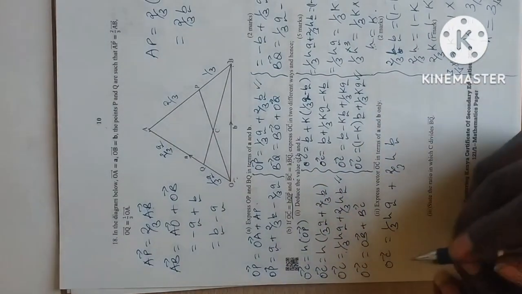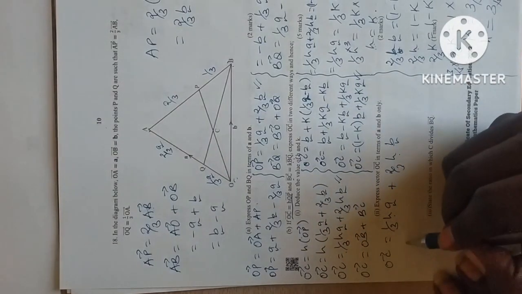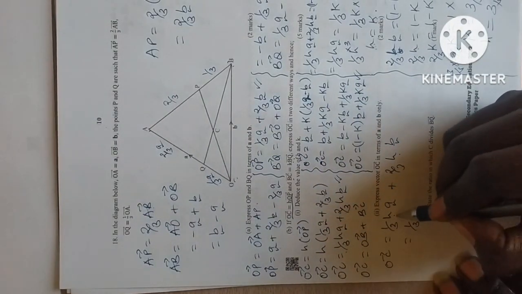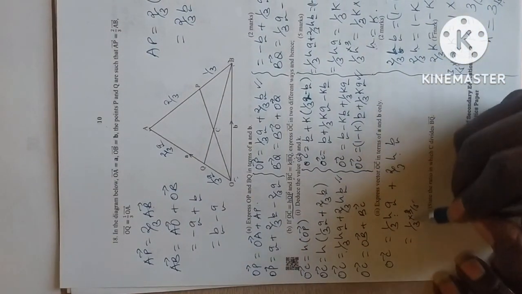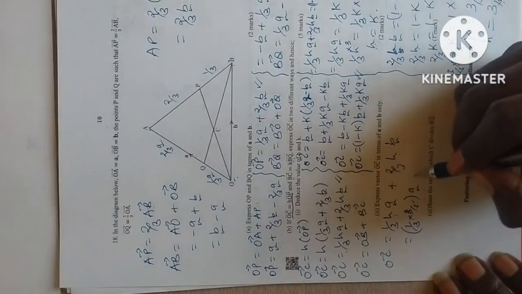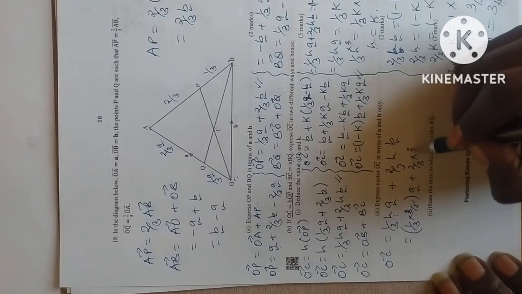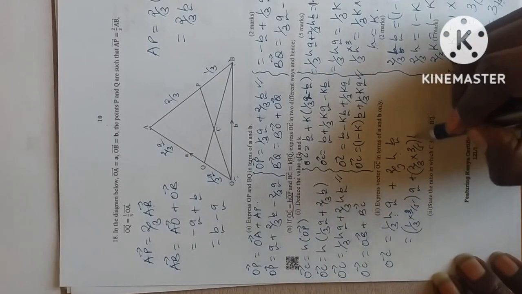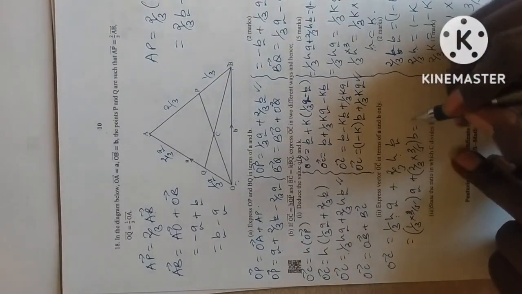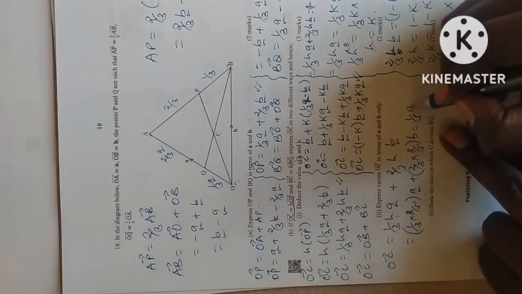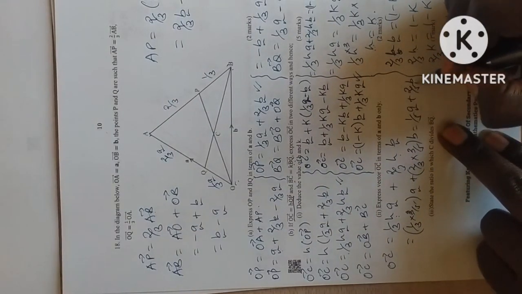But we already know H. So OC can be the same as 1 over 3 times 3 over 5 vector A plus 2 over 3 times 3 over 5 vector B. When you multiply this, it will give us 1 over 5 vector A plus 2 over 5 vector B.